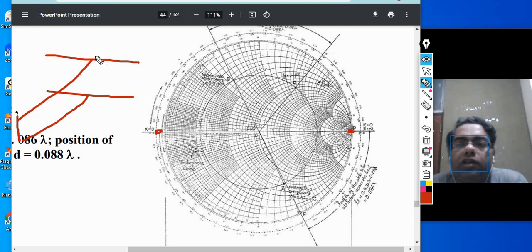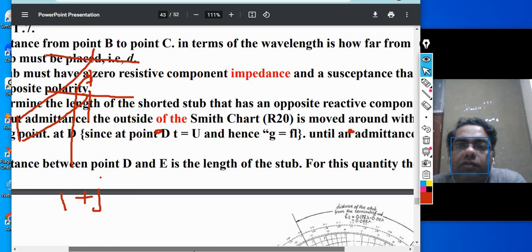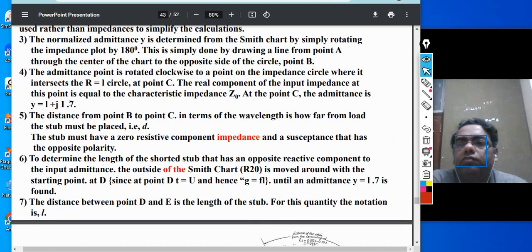We have seen that the input admittance at a distance ls is 1 plus j 1.7. This we got.